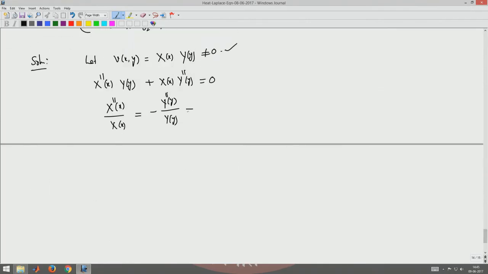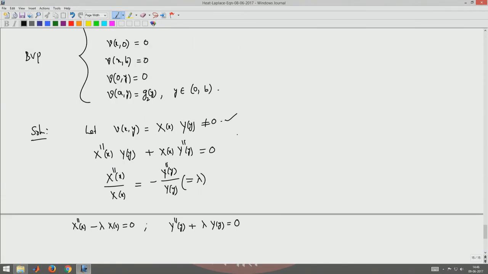So this should be a constant, the parameter you call lambda, and so the Laplace equation becomes 2 ordinary differential equations, that is X double dash of x minus lambda X of x equal to 0. Okay, this is one, and the other one is Y double dash of y plus lambda Y of y equal to 0.